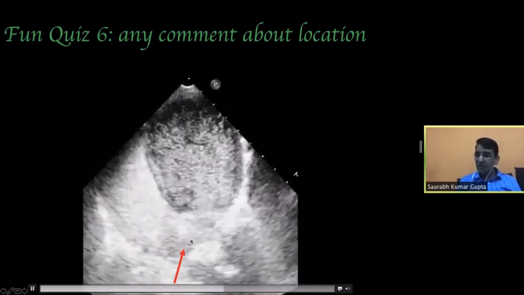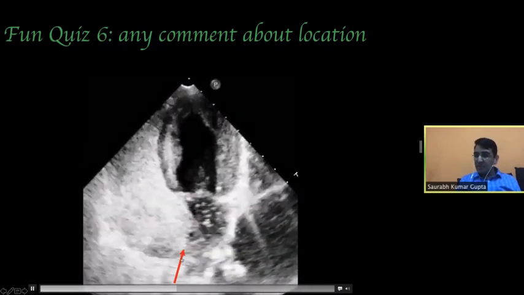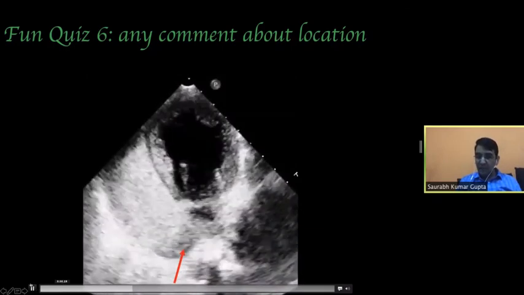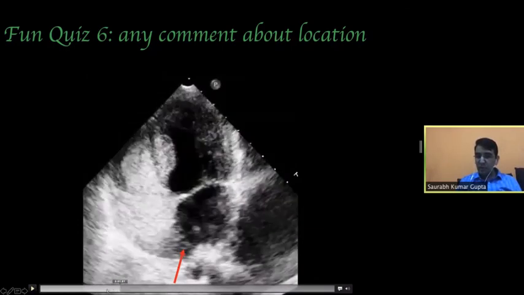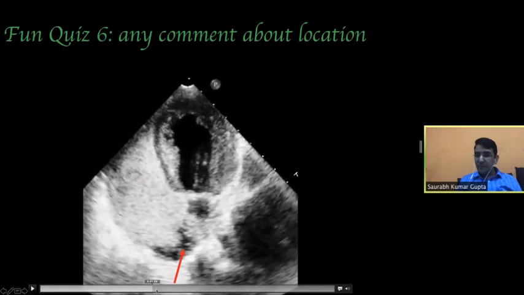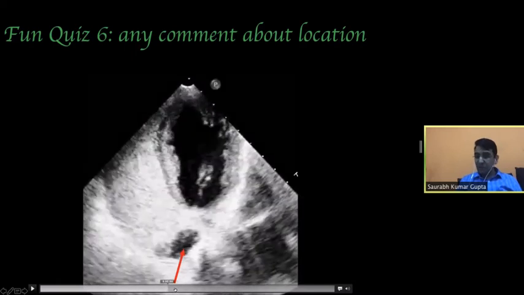Now this is the same image. Now you try and focus over here. This is the site of the right upper pulmonary vein, and if you see carefully, if I scroll it slowly, you would realize that the bubble actually appears first in the right lower pulmonary vein, sorry.